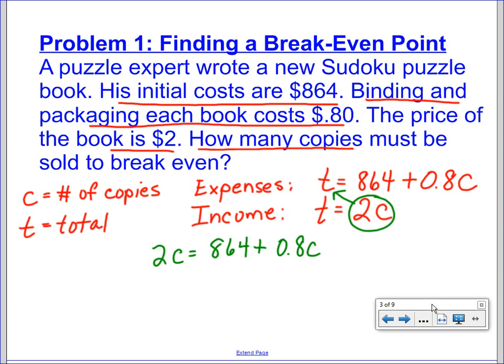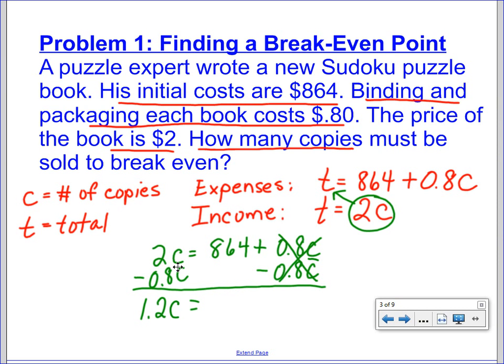All right. The first thing that we have to do when we have the variable on the left and on the right is to get them on the same side of the equation. So I'm going to remove it from the right side by subtracting 8 tenths C. It cancels out on the right side. On the left side, 2C minus 8 tenths C would be 1 and 2 tenths C. On the right side, all we have left is 864.